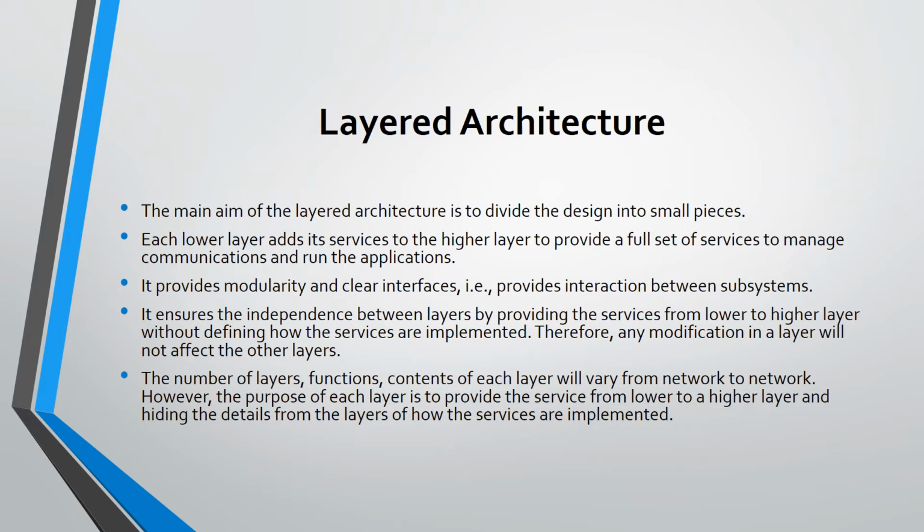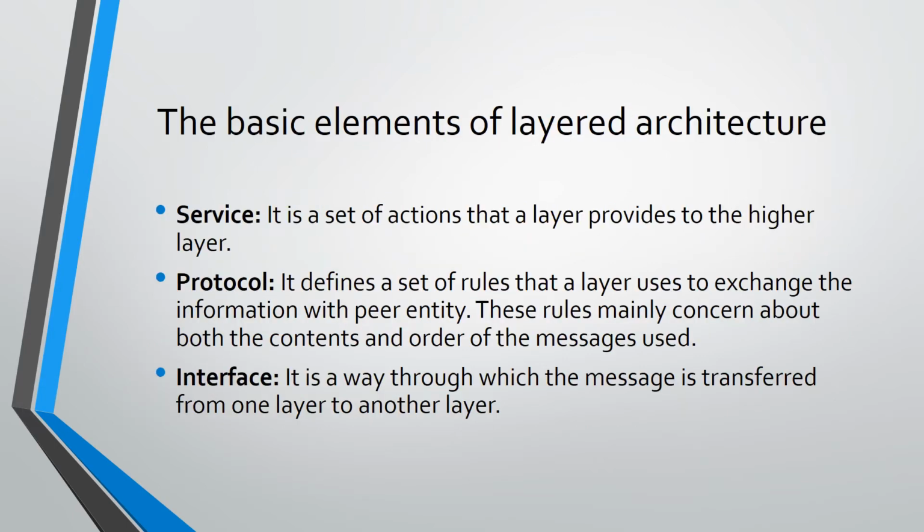Therefore, any modification in a layer will not affect the other layers. The number of layers, the functions, and the contents of each layer will vary from network to network. However, the purpose of each layer is to provide the service from a lower to a higher layer, hiding the details from the layers of how the services are implemented.